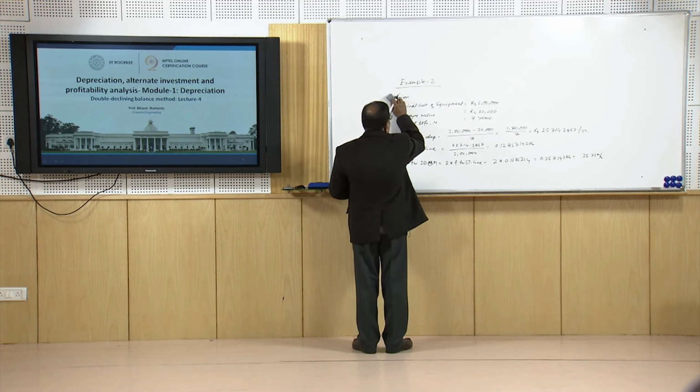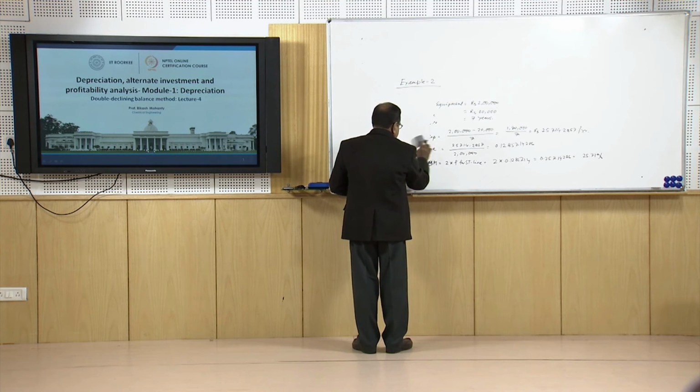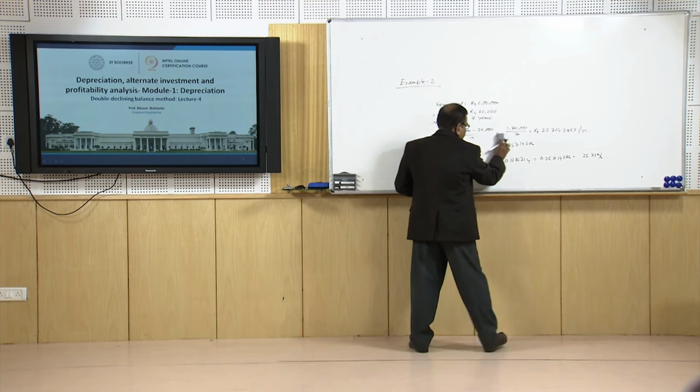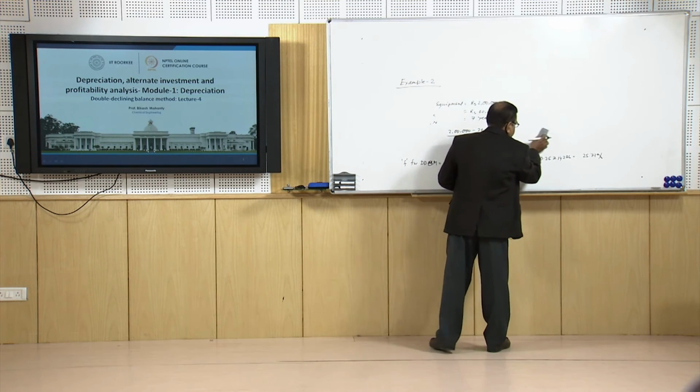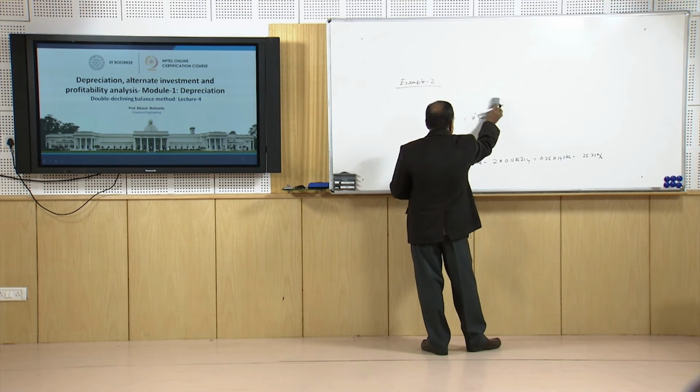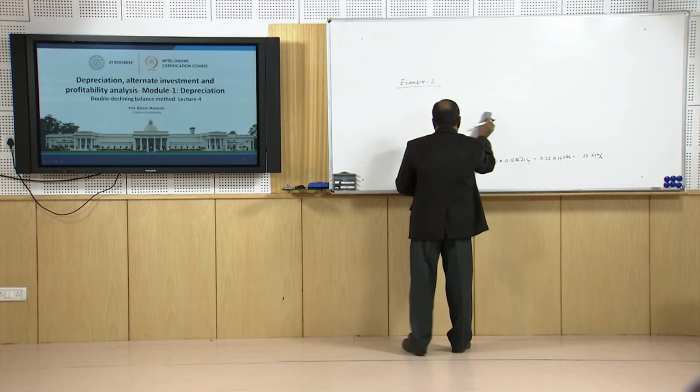So, we have computed now the f for the double declining balance method, which comes out to be about 25.71%.